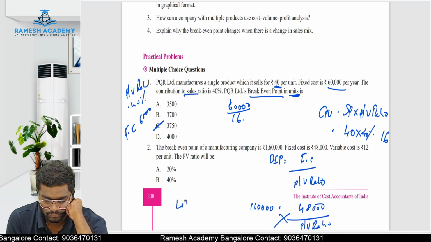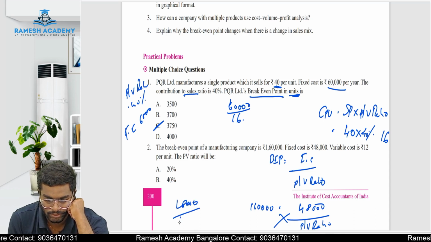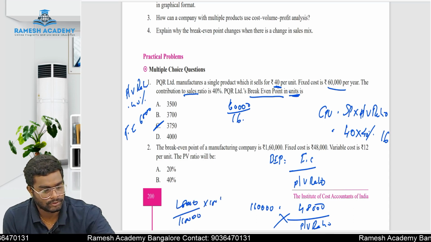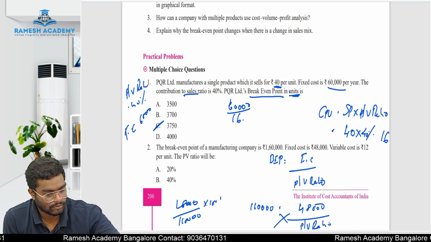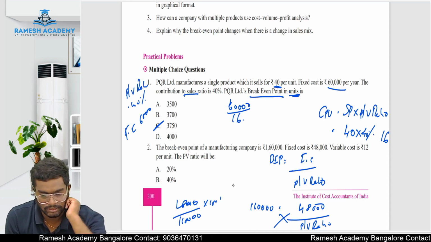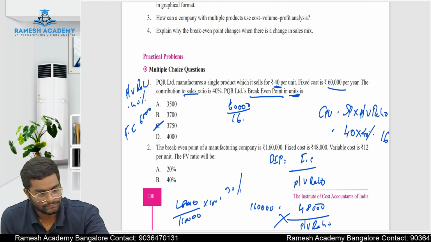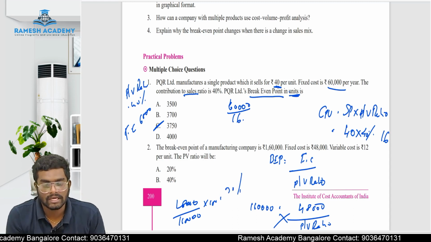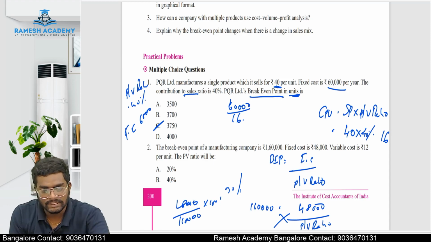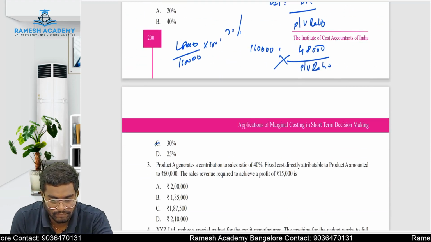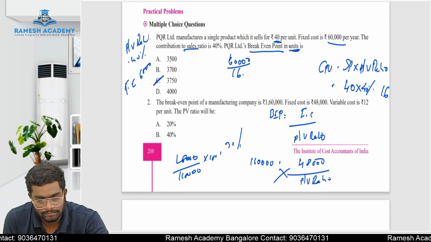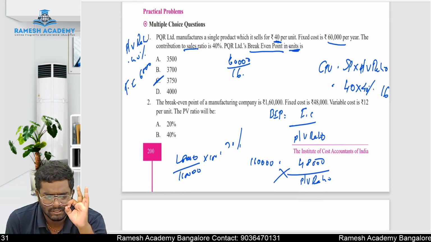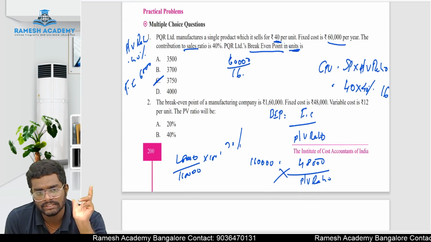It means 48,000 divided by 1,60,000 into 100 will be our PV ratio, which is 30%. So if you divide 48,000 by 30, you will get the same answer. So the answer is 30%. C is our answer as per the calculation. So simple. The formula for BEP is fixed cost by PV ratio. Interchange the variables. That's all.